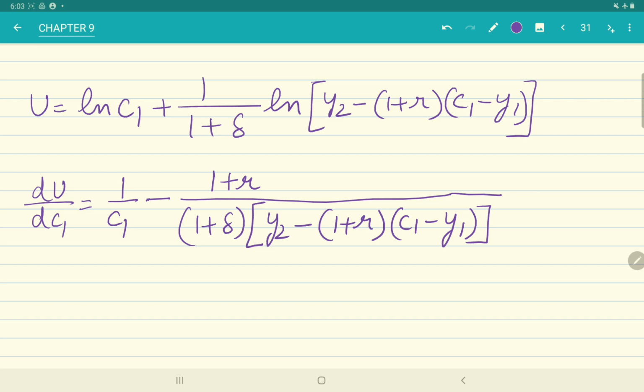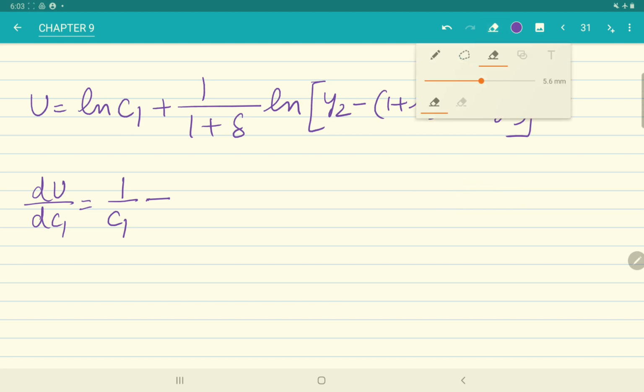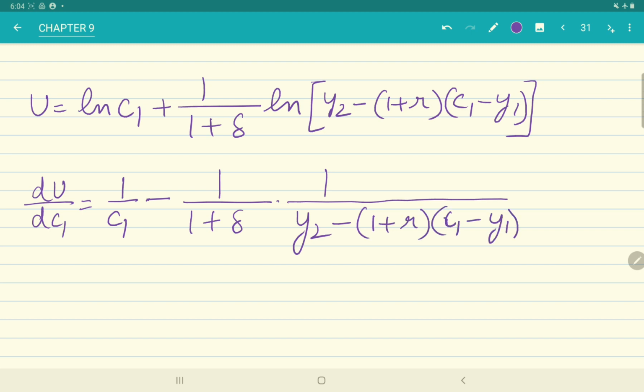In fact, I could have written it this way; that would have been better to understand. I can use the chain rule. I have to differentiate this with respect to c1. So I should go for 1 upon 1 plus delta, then 1 upon y2 minus (1 plus r)(c1 minus y1).